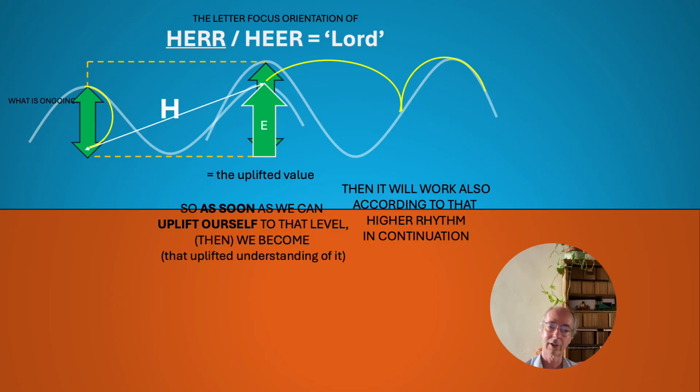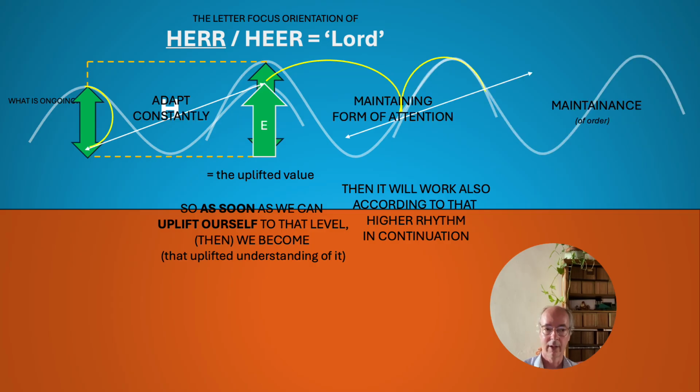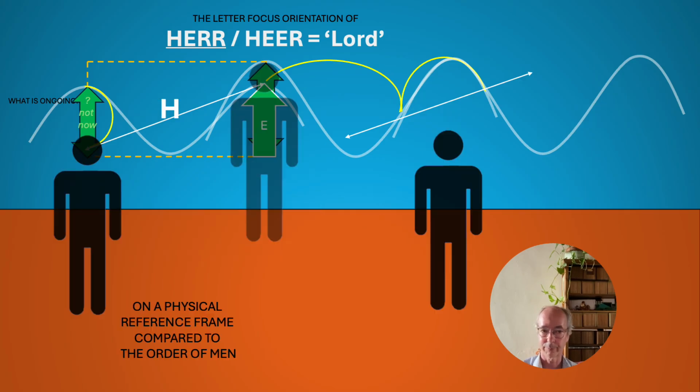If they do not work, it will lower yourself down. This constant adaptation will have to maintain a certain form of attention, so that you get that maintenance of order. Only then will it work to have that in continuation.